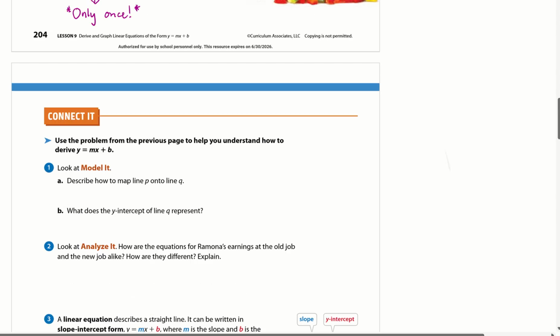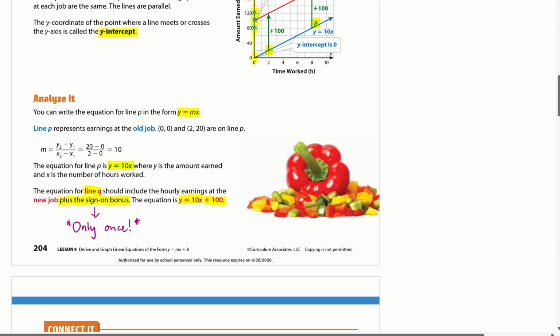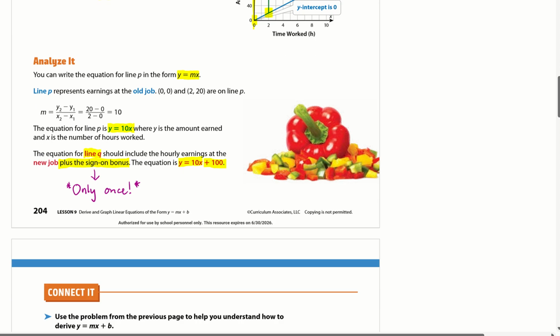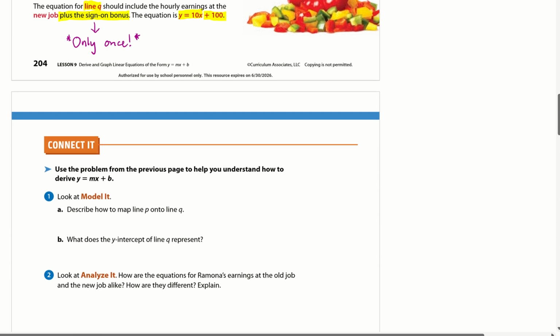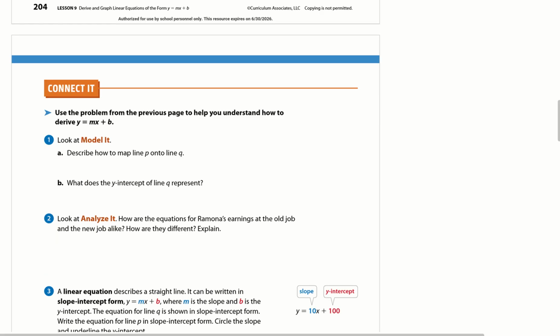I want you to look at the model it from page 204. So up here with your partner, I want you to talk through number 1A and number 1B. Pause the video first, then talk through 1A and 1B. Write down your answers, and then you can resume the video from there.